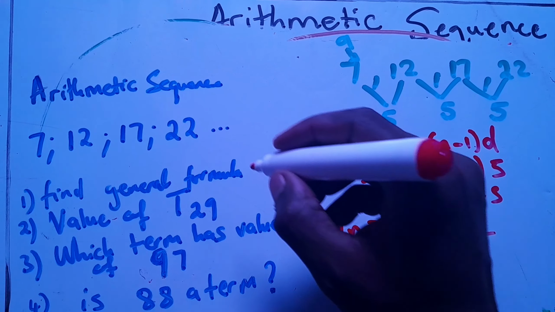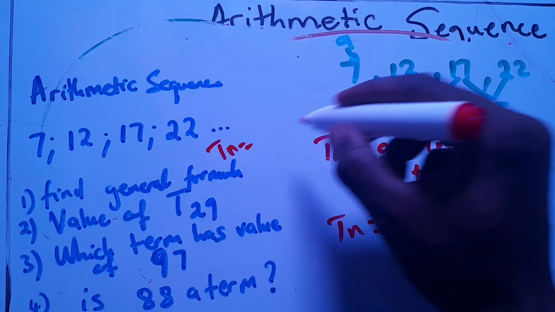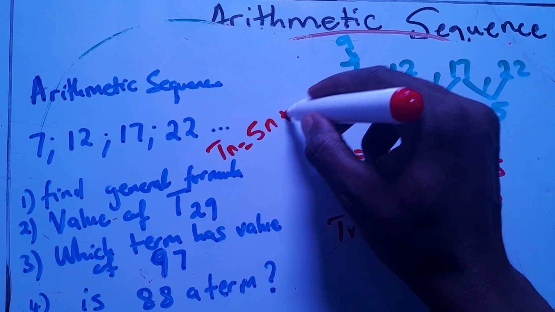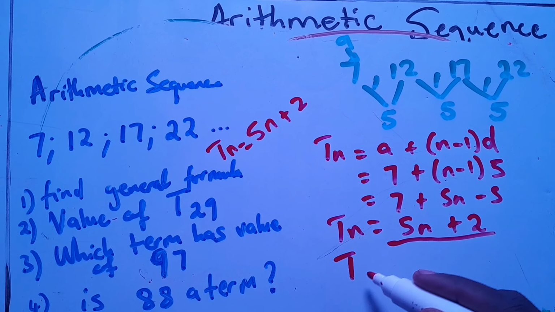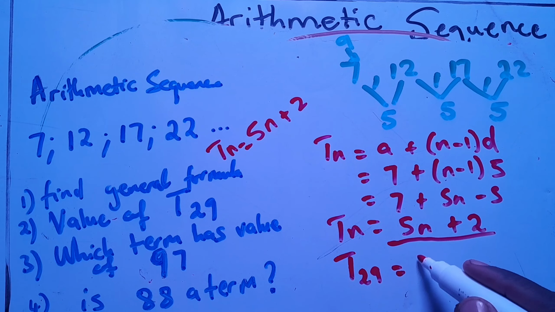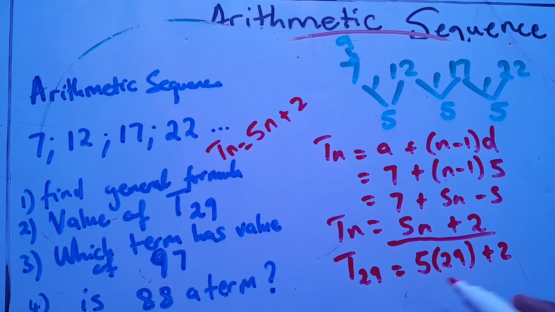So with this one we are done. Tn is equal to 5n plus 2. And they said find the value of T29. So we are just going to say T29 is equal to 5 times 29 plus 2.